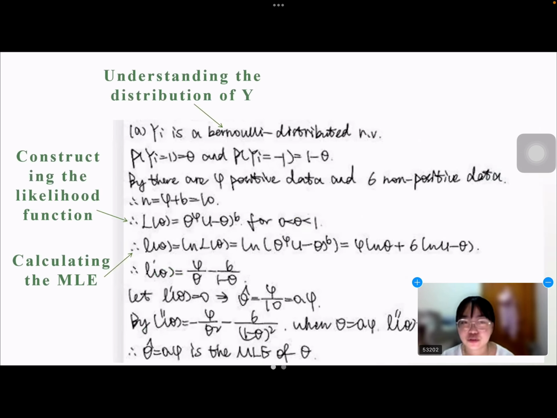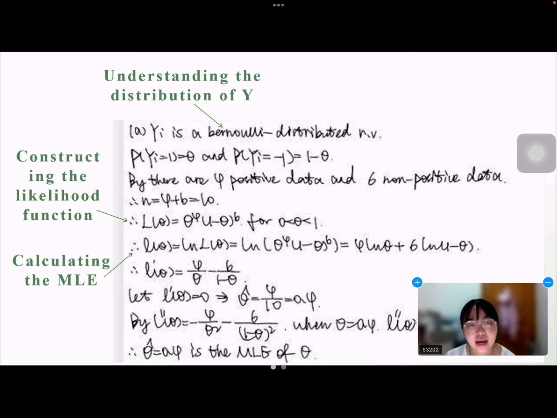We find that y follows the Bernoulli distribution because the possible outcome of this is only 2: y is equal to 1 or y is equal to minus 1. So yi follows the Bernoulli distribution.